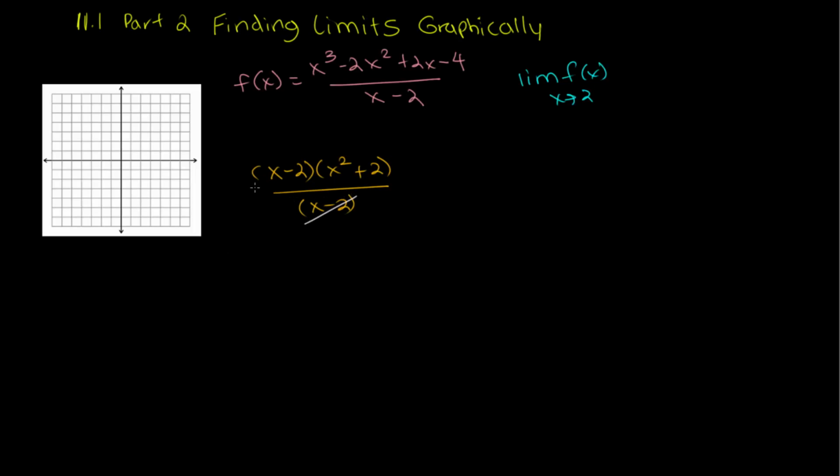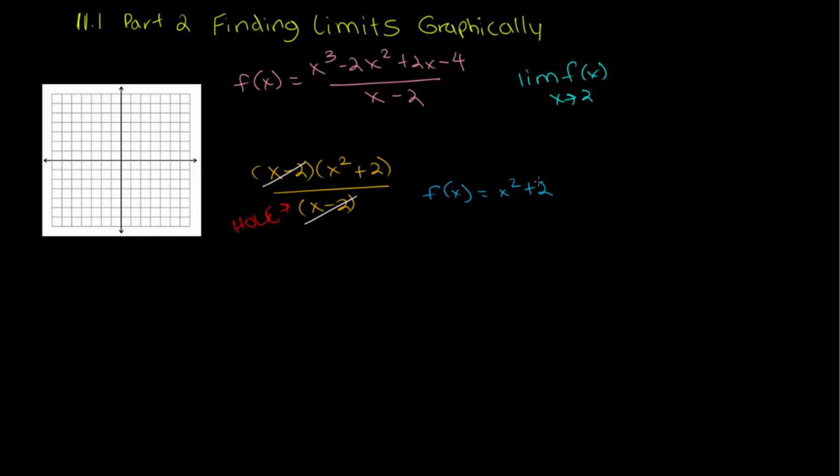So we can cancel those out, and a function similar to the one we have up here is f of x equals x squared plus 2. We have to note though that there is a hole in the graph at x equals 2 because in the original function the value at 2 is undefined.